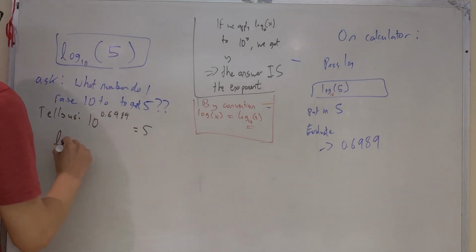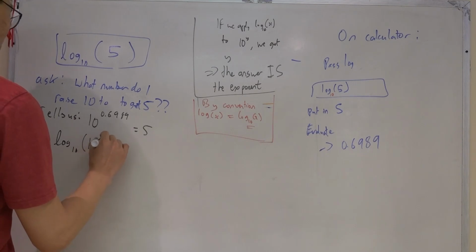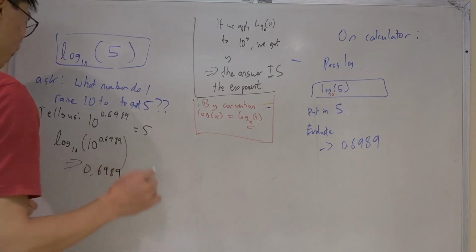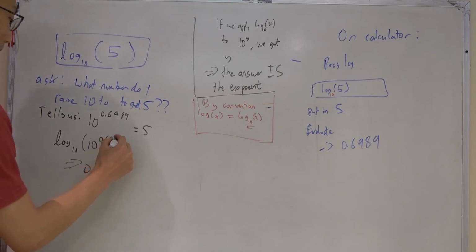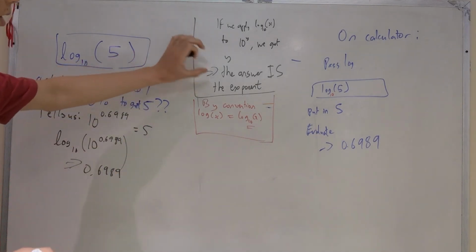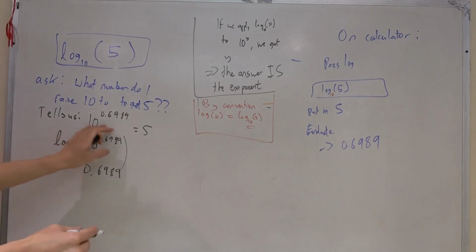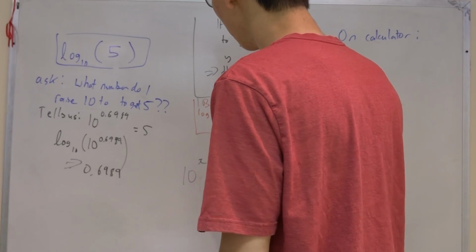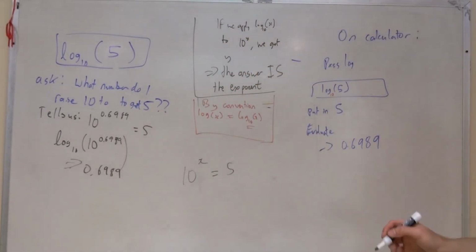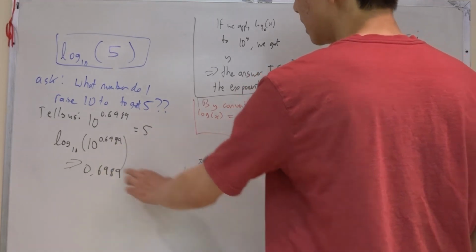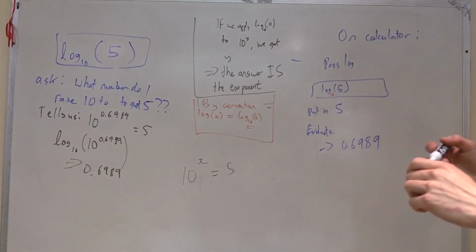So log base 10 of 10 to the 0.6989, haven't changed anything in the question, you just get 0.6989. I hope you really see now that the best way to understand logarithms is to think about this. The answer is the exponent. When you're writing this relationship in exponential form, 10 to the x equals 5, the exponent x is the answer to the logarithm question.